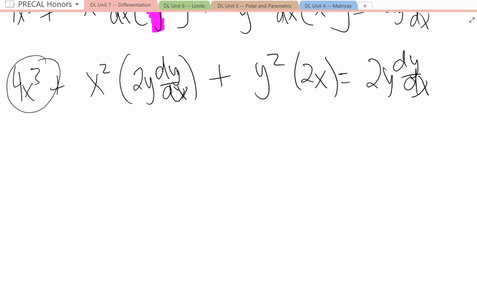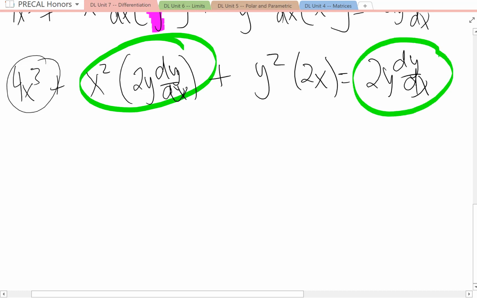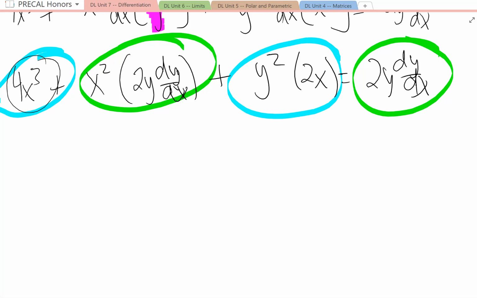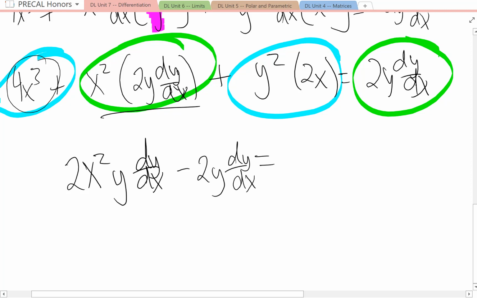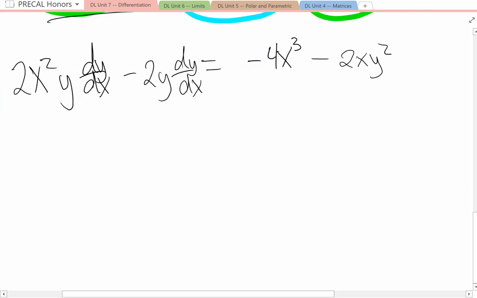I want to group all my dy dx terms on the left side, and then I'll bring the other terms to the right side. So we have x squared, we'll call that 2x squared y dy dx, this term right here, and then subtracting via inverse operations equals negative 4x cubed minus this term 2xy squared. I will factor out the dy dx.